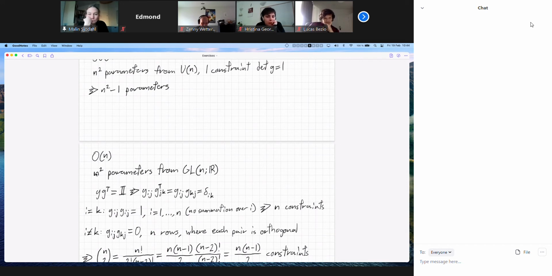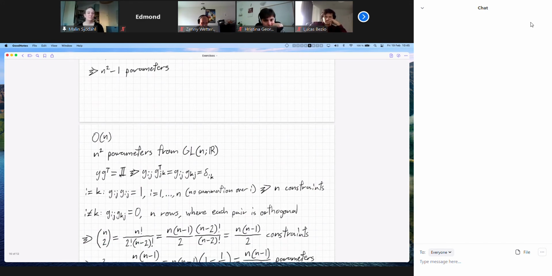Now we have n squared instead of 2n squared parameters from the general linear group, and now we only have that the transpose times itself should be equal to the identity matrix. In the same way, each row or column should be normalized, so that gives us n constraints.